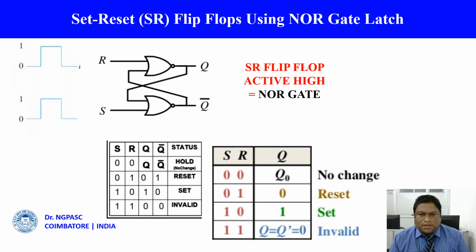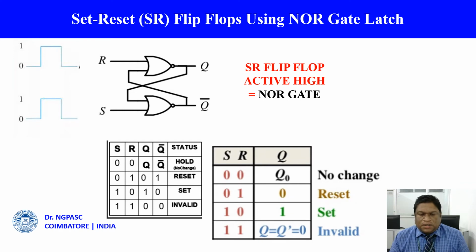So this is how the sequential circuit is given as an SR flip-flop. Here we can see the truth table. When the inputs S and R are both 0, the output is Q0, which means it is the previous state, or there won't be any change in its output.